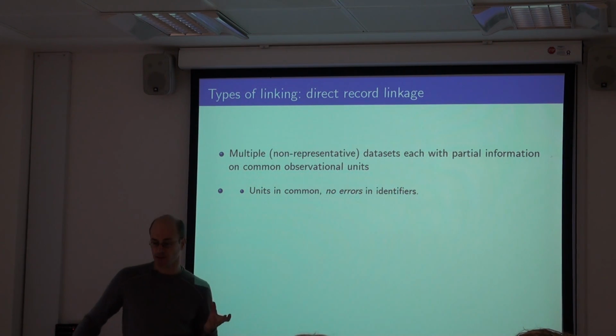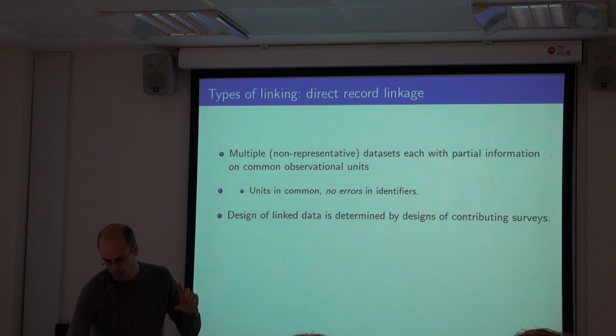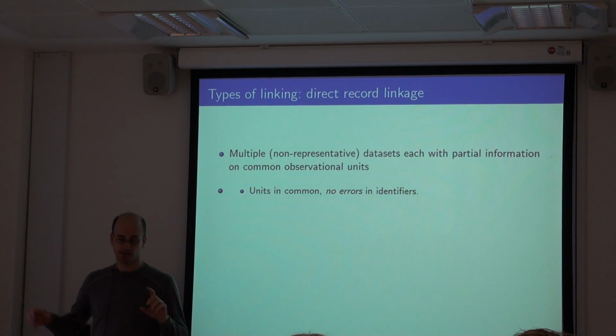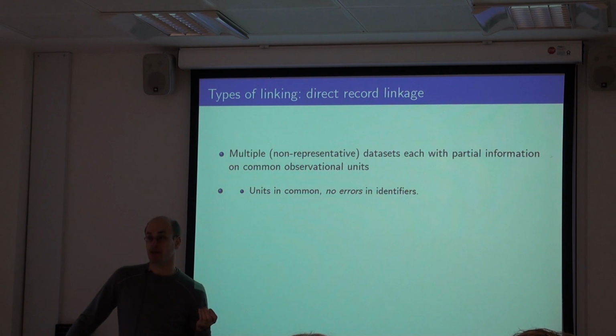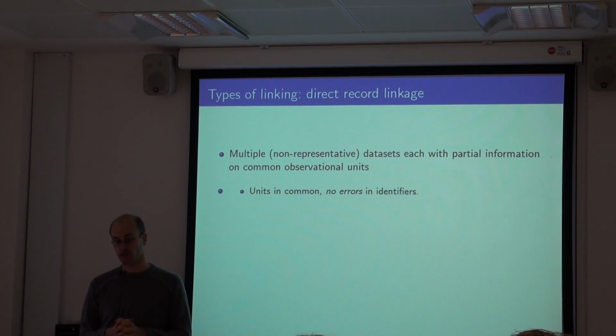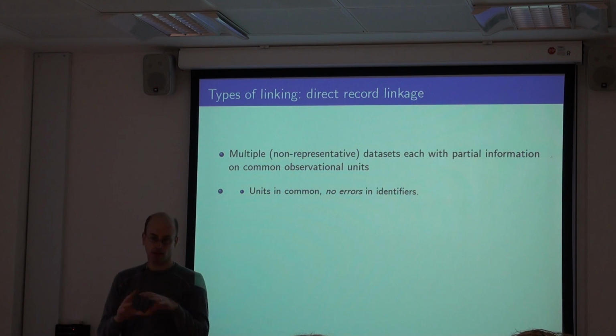For example, in the housing context, you might have the address and value of a house in one survey. And you might have in a separate survey the address and information about the quality of the housing unit, or about investment in things like energy efficiency or an energy efficiency rating. So you want to link the data sets so you can study the house value, the address, and the energy efficiency rating.